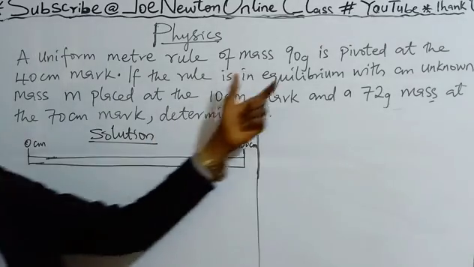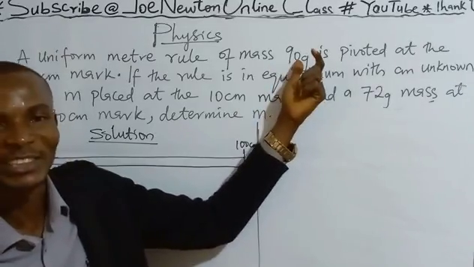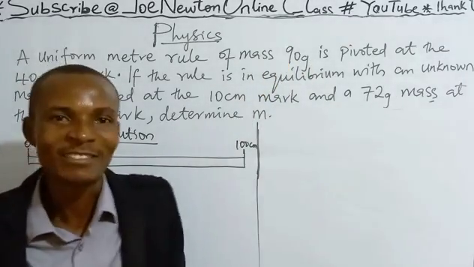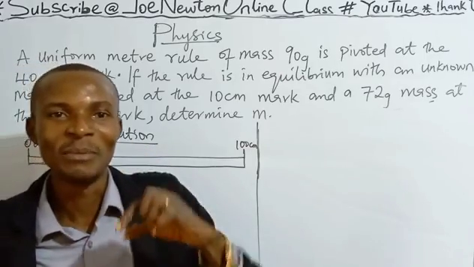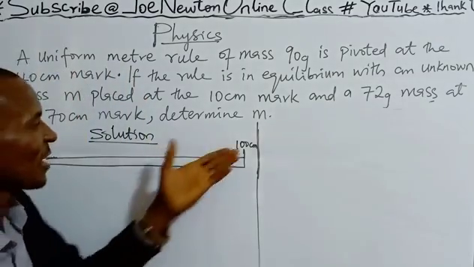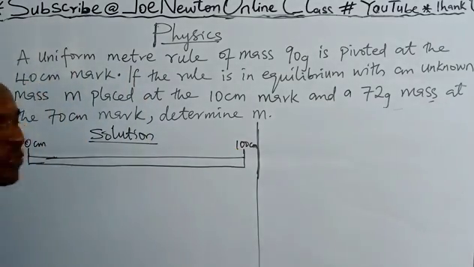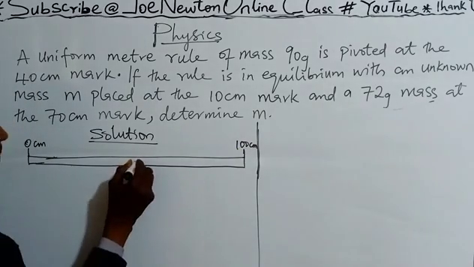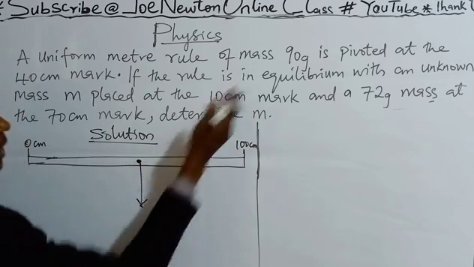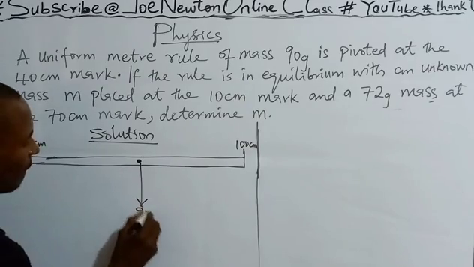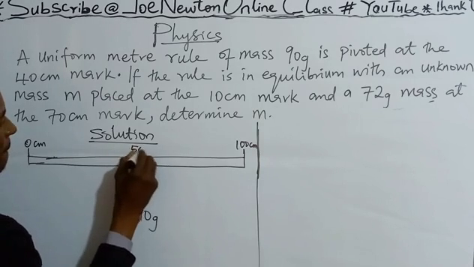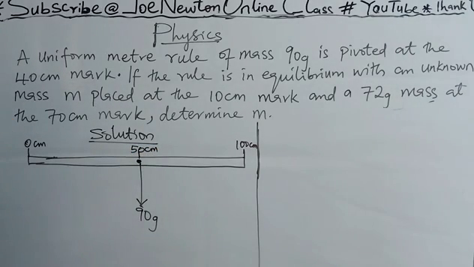From the information given, the mass of the meter rule is 90 grams. And the mass of the meter rule is expected to act at the center of gravity of the meter rule, that is the center mark, which is 50 cm, because half of 100 is 50 cm, unless otherwise stated in the question. Now the mass of the rule is 90 grams, acting here, and the center here is 50 cm. So that's the secret there.